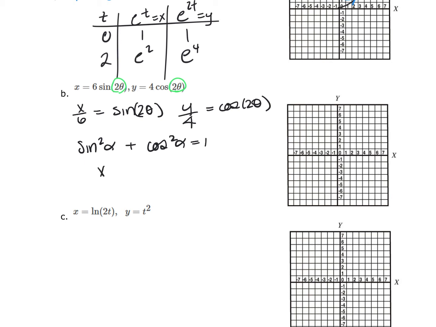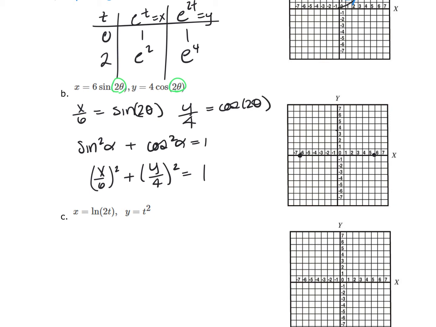So that means x over 6, the quantity squared, plus y over 4, the quantity squared, is also equal to 1. So that tells me what I have is an ellipse centered at the origin with a shape that looks like this. I'm going to go out 6 in this direction in the x's. And this goes again back to pre-calculus 2.